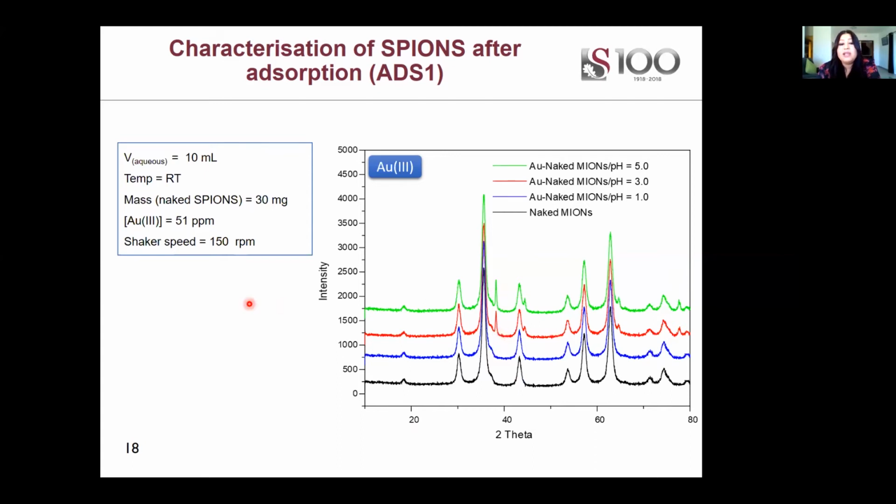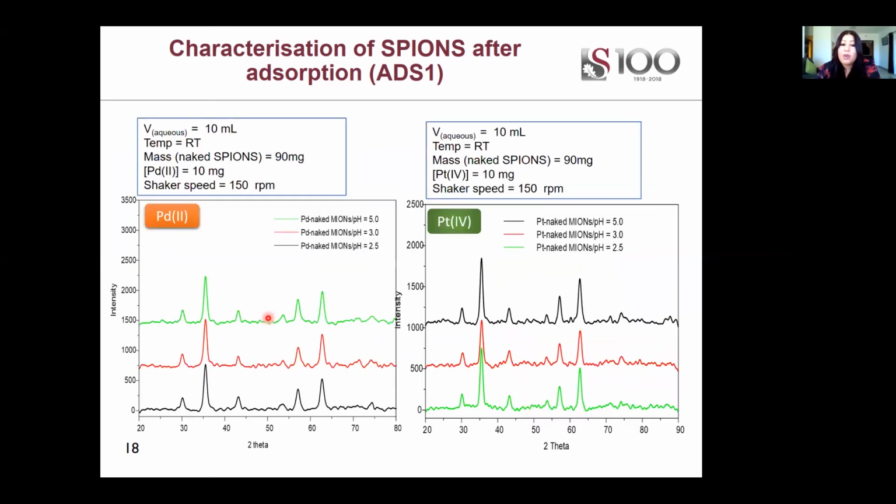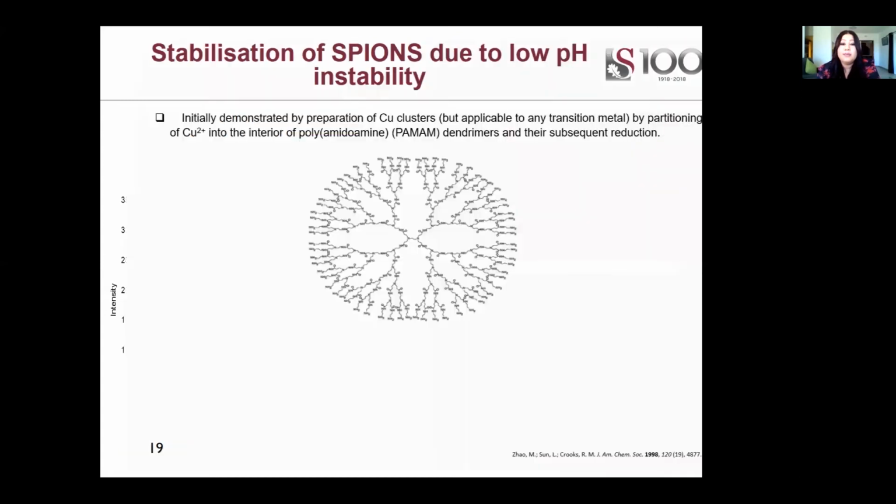So it seems like there's a layer of metallic gold on our nanomaterials after extraction. We couldn't see the same for the palladium and platinum, even though we know it extracts. But remember, we used 3 times more adsorbent for the palladium and the platinum, and they extracted also very little of the metals. So we weren't able to see this with the palladium and the platinum.